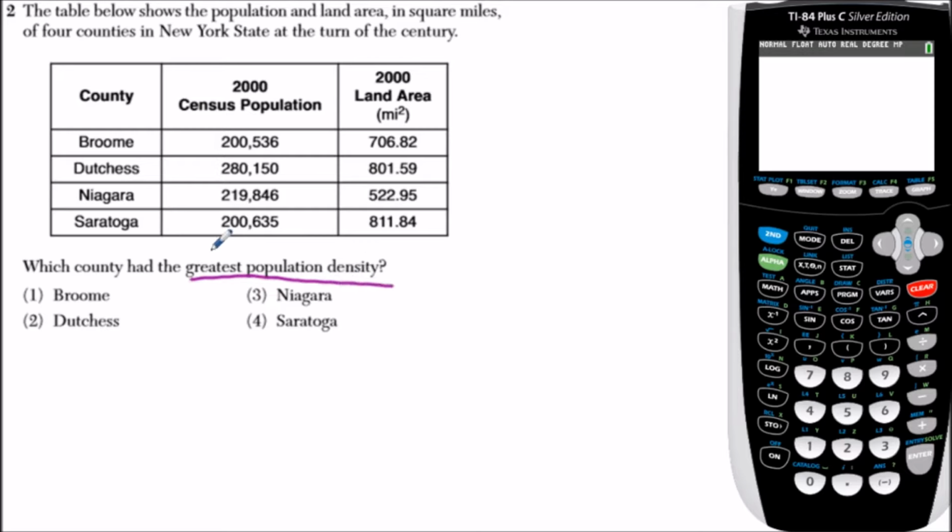Now for this question here, what we need to do is calculate the population density. So we have this table of values, and to find the population density, we're going to be dividing the population by the land area. So for this part, all we're doing is just dividing the first column by the second column. So for the first one, I'll only do the first one, and then I'll let you follow along with the rest.